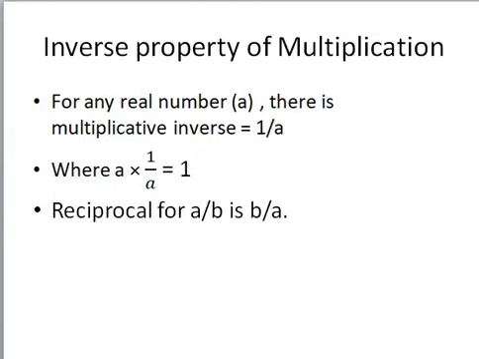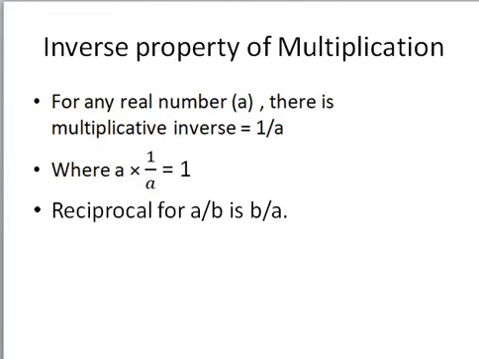Then this is very important. I'm talking about the reciprocal, which is the same as the multiplicative inverse. The multiplicative inverse is when the numerator equals 1, while the reciprocal is a fraction that is flipped over from any other fraction.